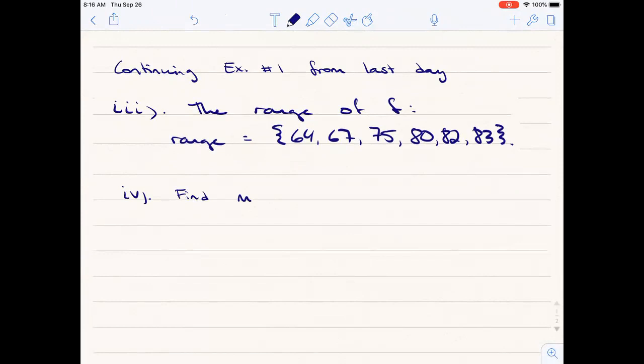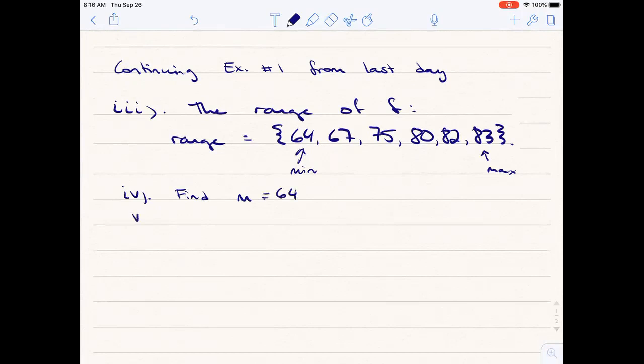Lowercase m is the minimum. Because I've listed these from smallest to largest, it's easy to find the minimum and the maximum. The minimum is 64 and the maximum is 83. Find m. m is 64.